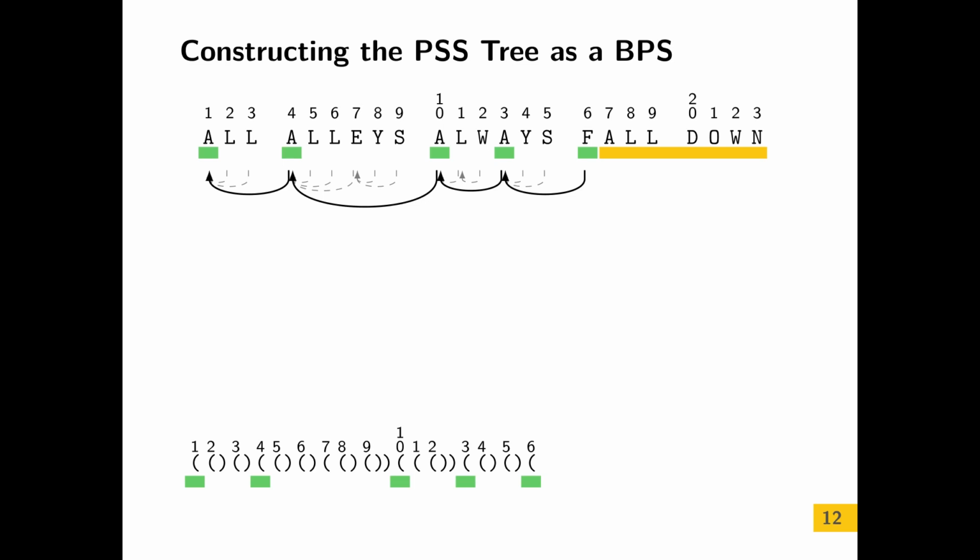Now, let us see what happens when we process index 17. First, we find out that suffix 16 is lexicographically larger than suffix 17. This means that we will not have to add any further children to node 16 in the PSS tree. Therefore, we append a closing parenthesis to the BPS, which matches the opening parenthesis of node 16.